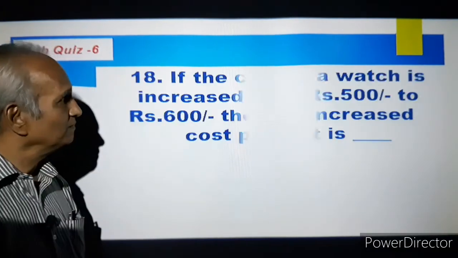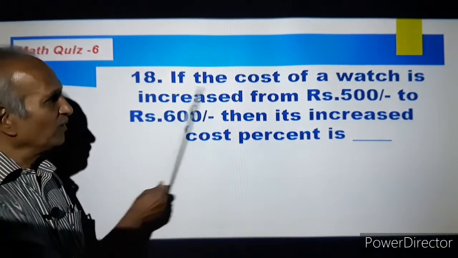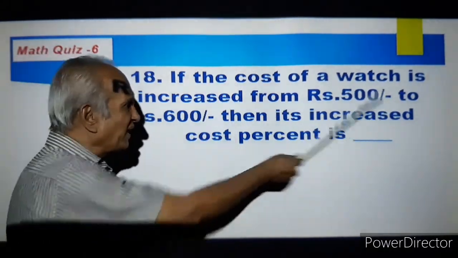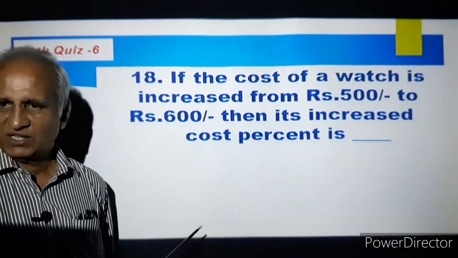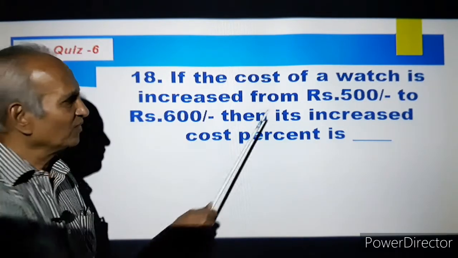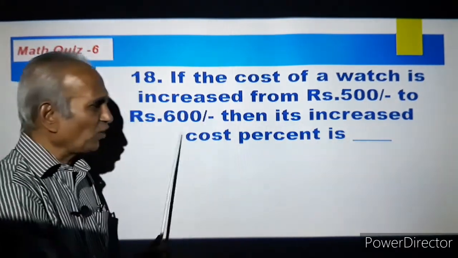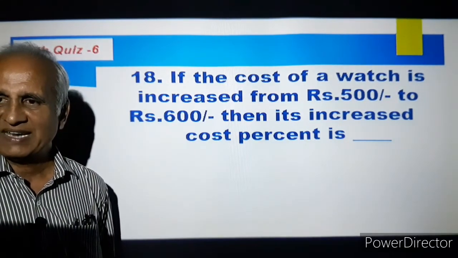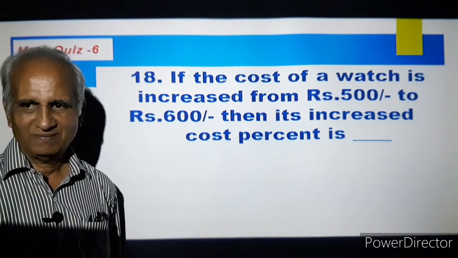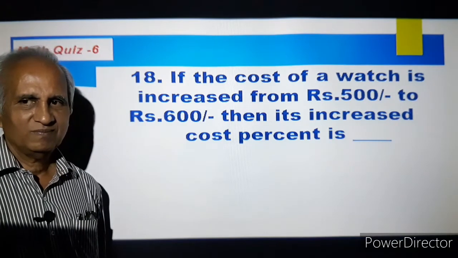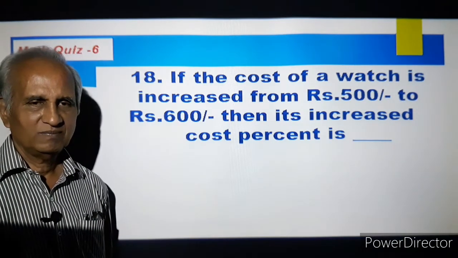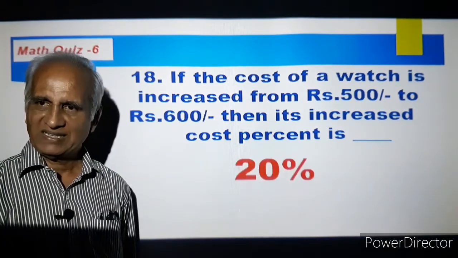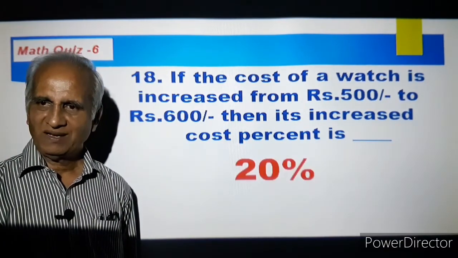Next, 18th question. If the cost of a watch is increased from rupees 500 to rupees 600 by the shopkeeper, then its increased cost percent is, you have to tell in terms of percentage. The cost increase is rupees 100.